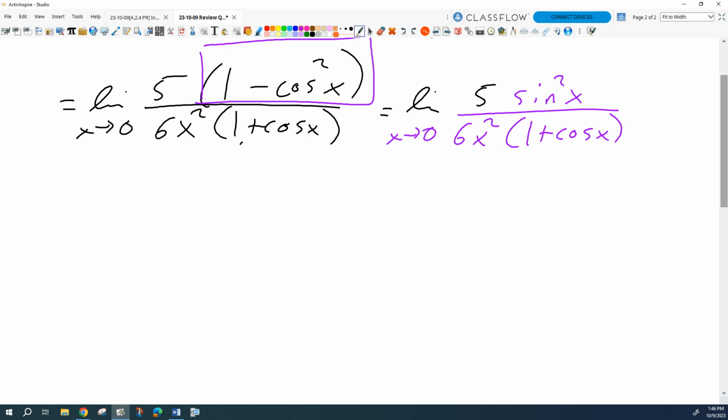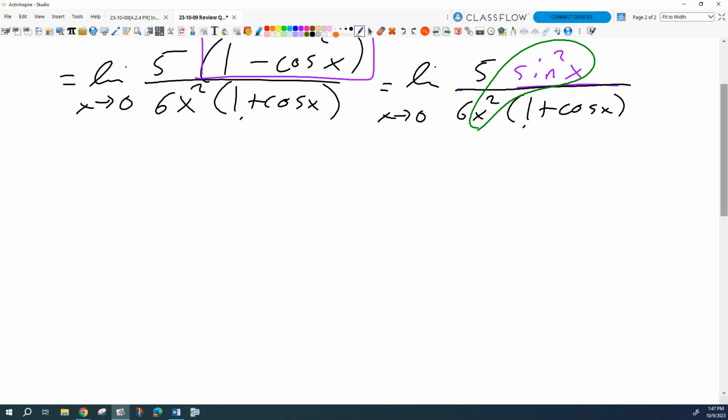I meant to make only that part purple. Let me fix that, just so in the notes you guys can follow this better. Okay, so look at this part right here. Isn't that just sine x over x times sine x over x, or just sine x over x squared, right? So let's break this limit apart into some pieces.